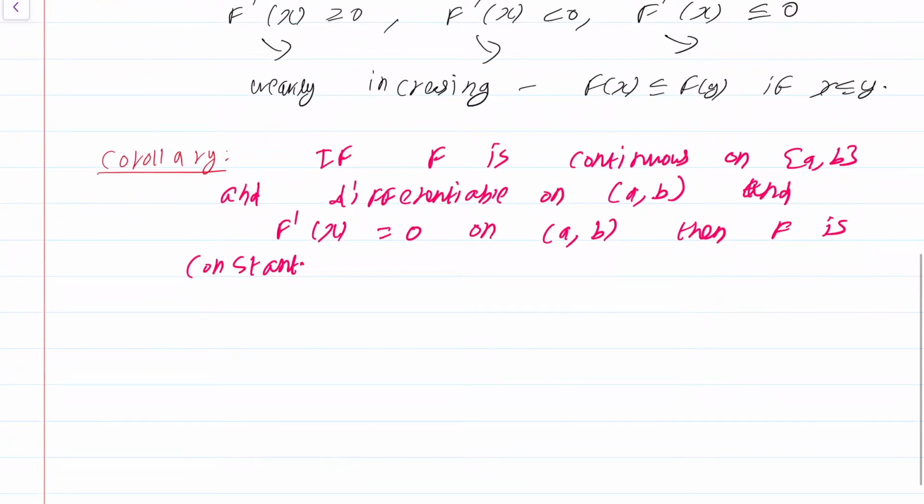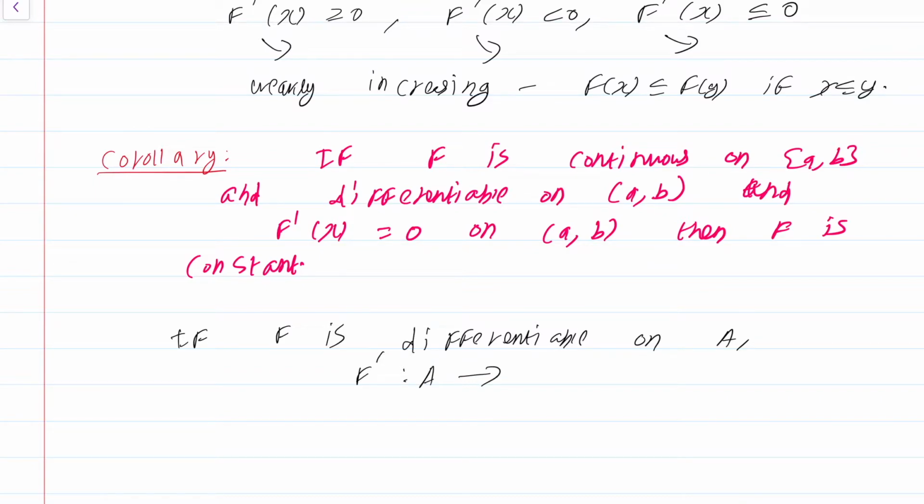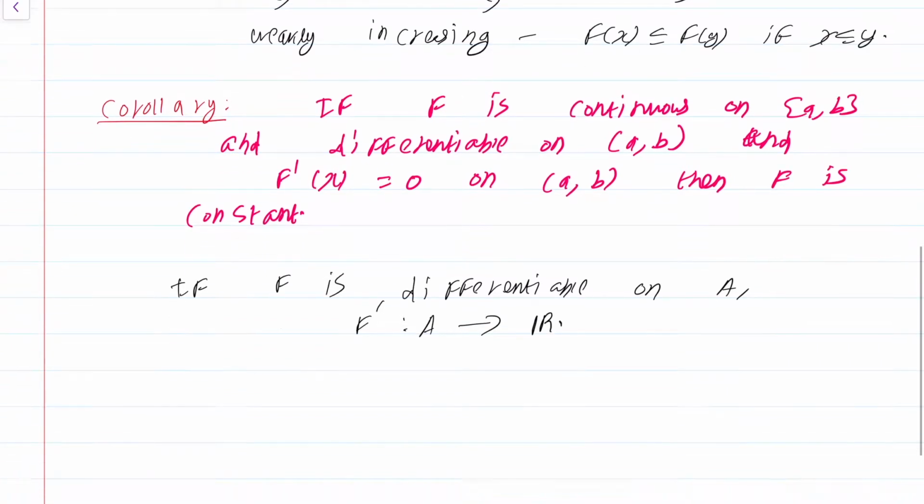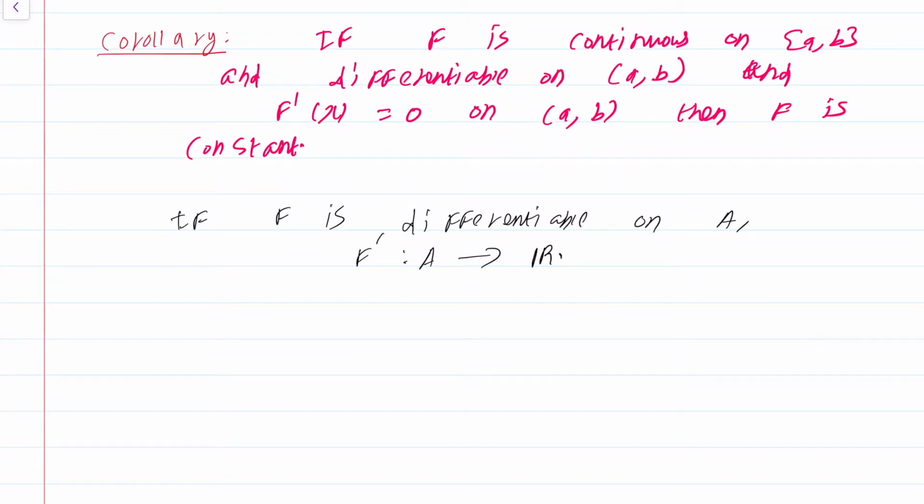Now I want to introduce some results about the sign of the second derivative. So what is the second derivative? Well, if f is differentiable on A, we can of course consider this function f prime from A to R. This just gives the derivative at every point.